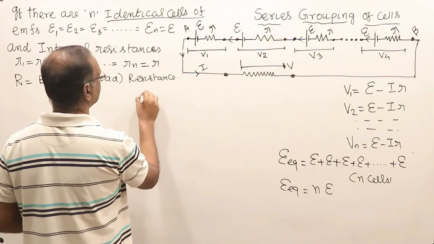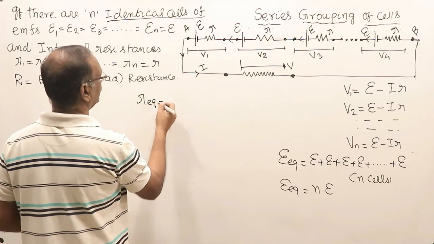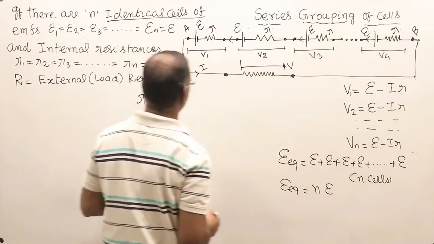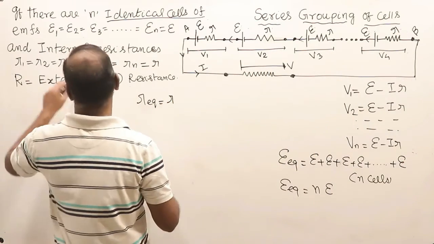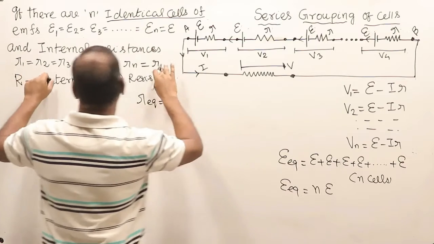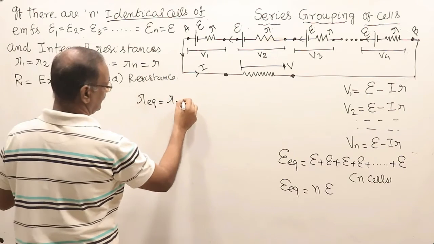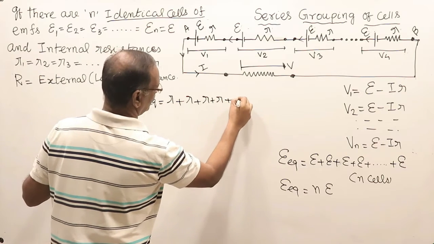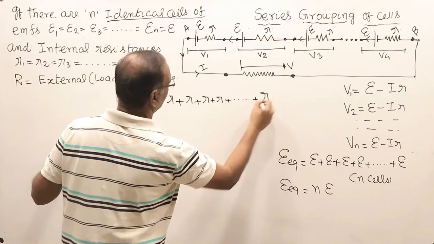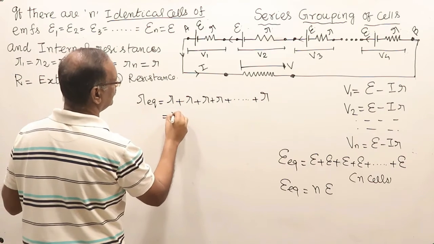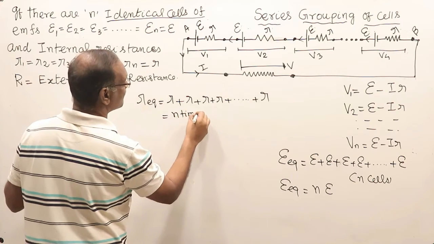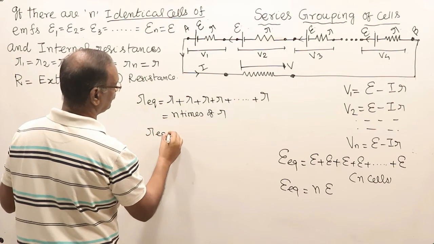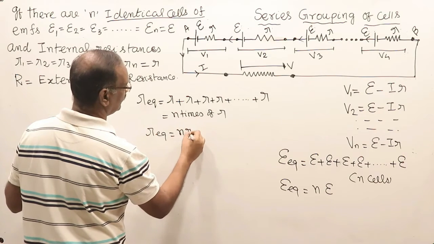The equivalent internal resistance is R1 plus R2 plus R3 up to n, that is r plus r plus r plus r, so it is equal to n times r. That is, r equivalent is equal to n into r.